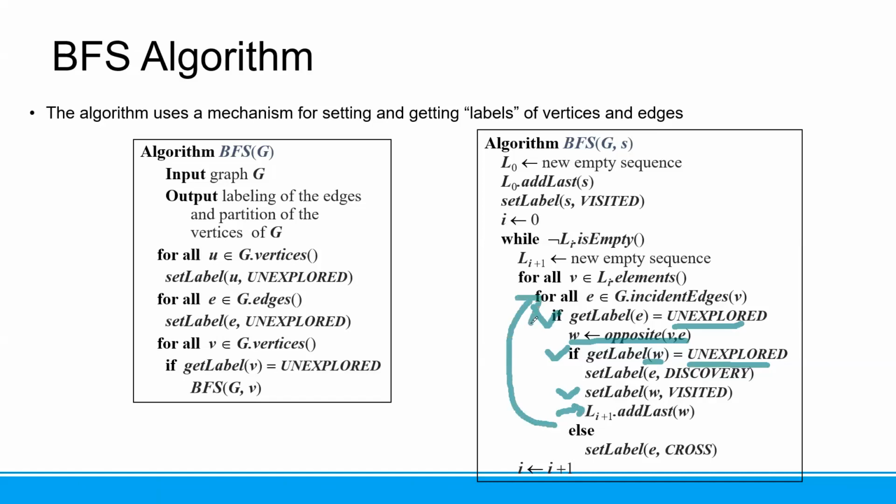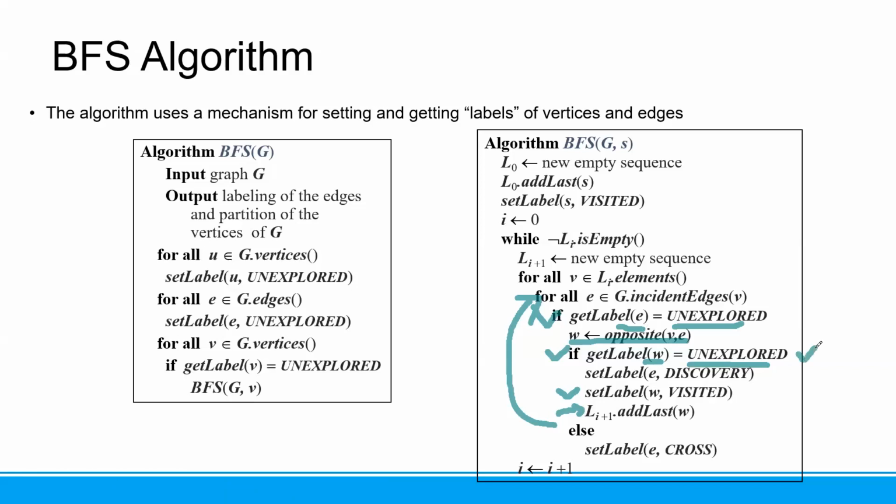We will check AC. AC is unexplored. Then let's check the E. Because it is edge AC, it is unexplored. So we want to check what is the W, which is the opposite. The opposite of AC is C, and then check.